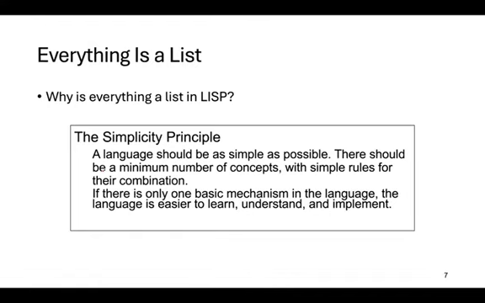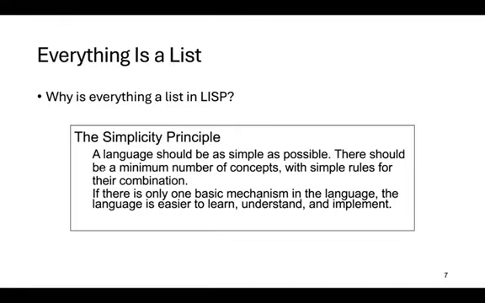So you notice that everything is between parentheses, everything is treated as a list. But why is that? Why in Lisp is everything treated as a list? Because Lisp focuses on the simplicity principle. What the simplicity principle indicates is that the language should be as simple as possible. There should be a minimum number of concepts with simple rules for their combination.